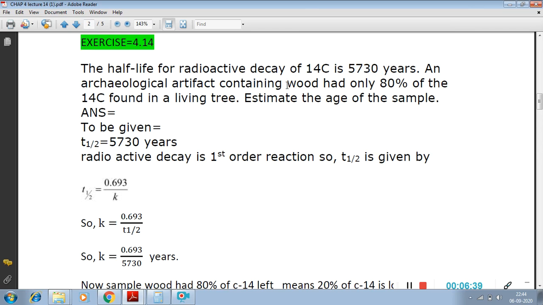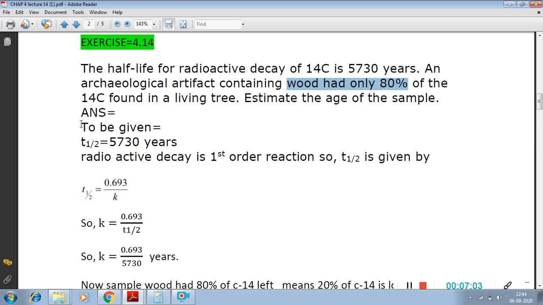In that, 80% of the 14C was there, 20% was decayed. With time it decreases, so 20% decreased and 80% is left. Now we have to find out the age of that sample.